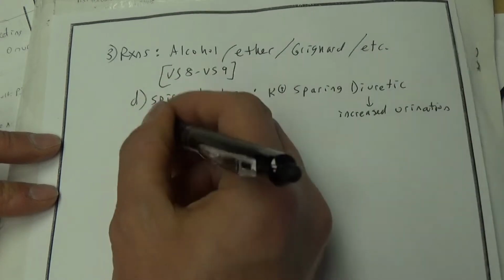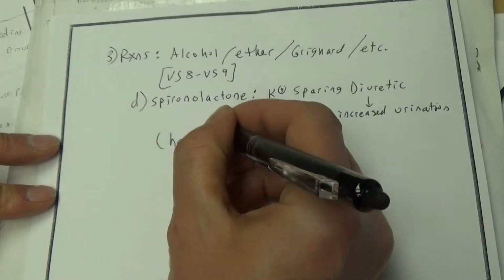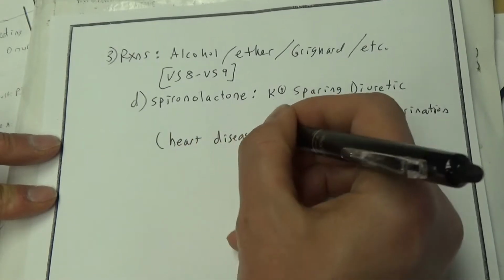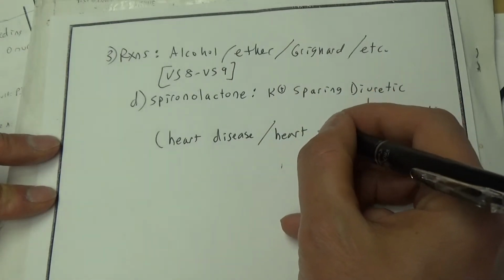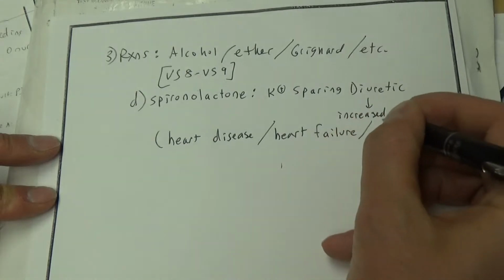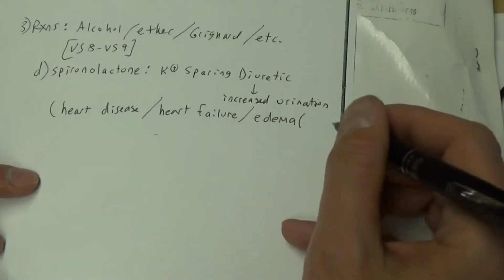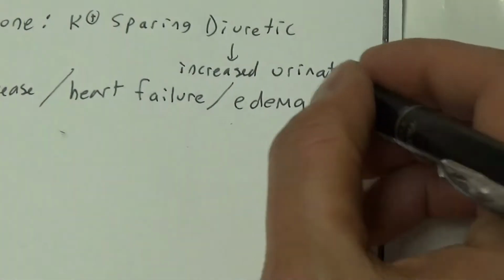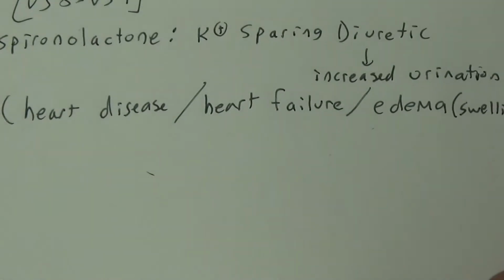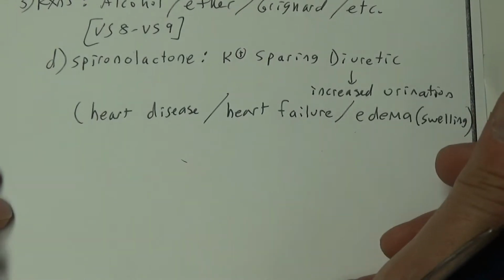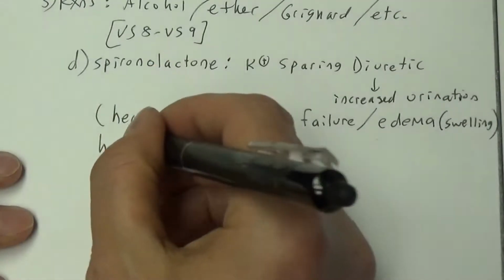The main use of diuretics is heart disease and heart failure that have a buildup of fluid in your body. Generally speaking, we call that edema, which is swelling. Other diseases, hypertension, I think, is treated by diuretics sometimes.